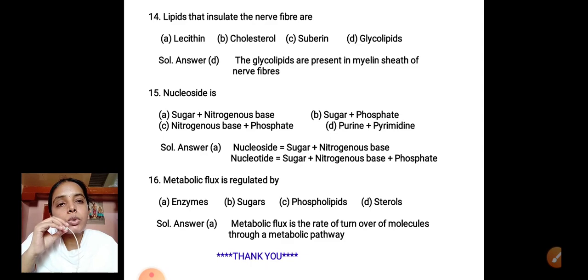Options: sugar plus nitrogen base, sugar plus phosphate, nitrogen base plus phosphate, purine plus pyrimidine. The correct option is pentose sugar plus nitrogen base. When this is added with a phosphate, it forms a nucleotide. So the correct option for nucleoside is A, sugar plus nitrogen base.